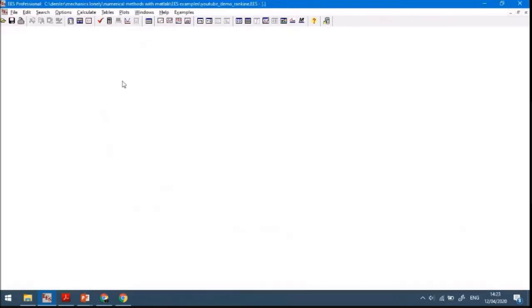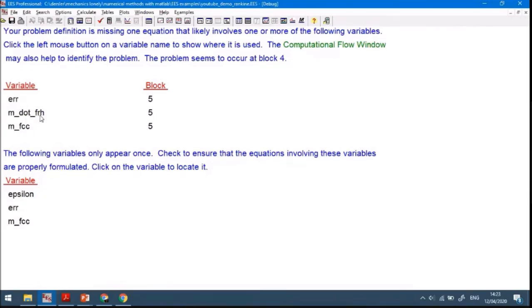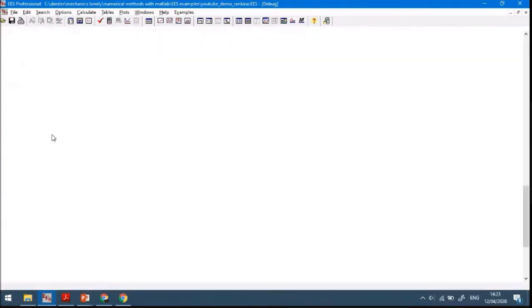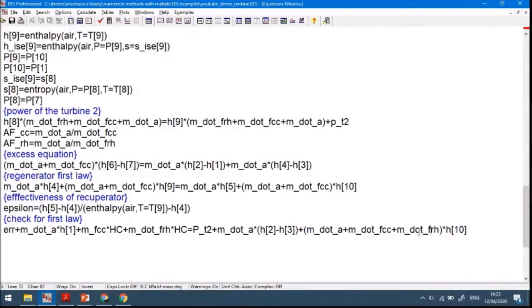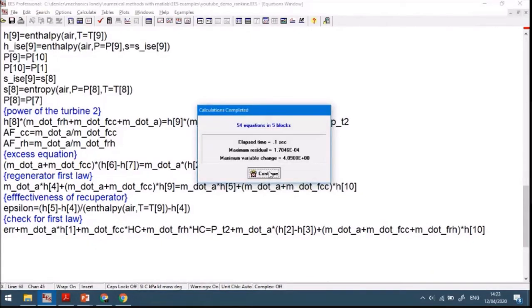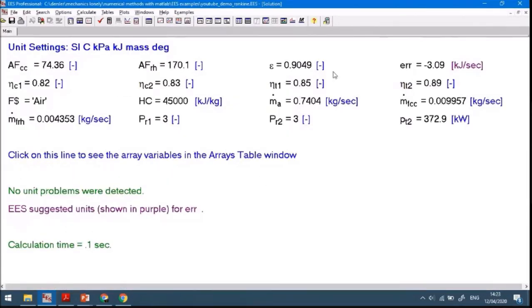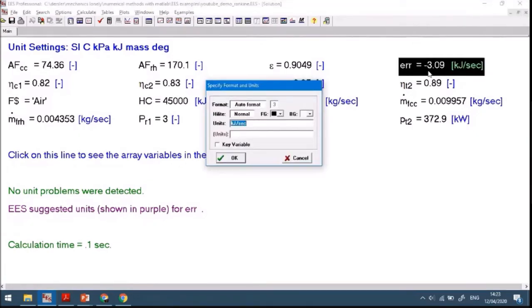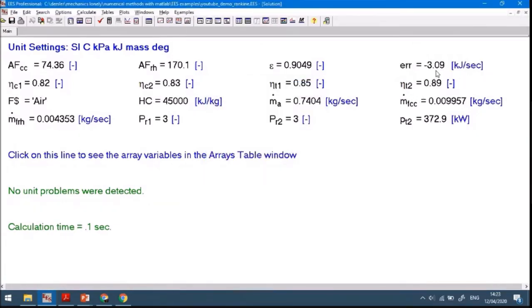Let's run it and see the error. Error m dot fuel reheater, one of these unknown. M dot fuel reheater, air, m dot air, this one, okay. And the error is negative 3.09 kilojoules per second.